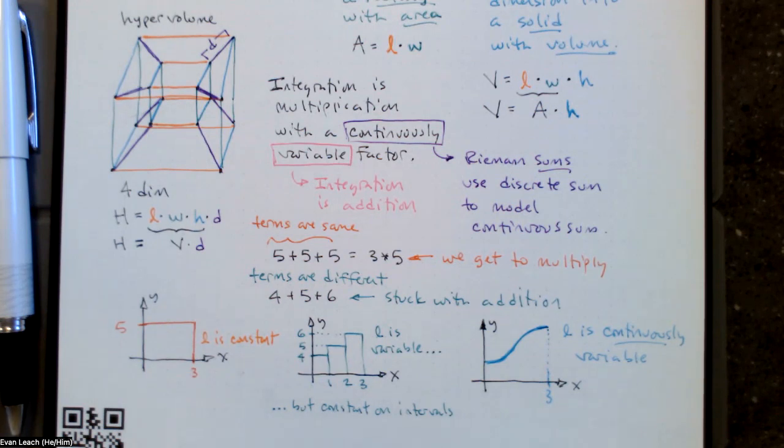Our most complicated version: the length is continuously variable. We can't just multiply on intervals because it's changing. It's not constant on any interval.